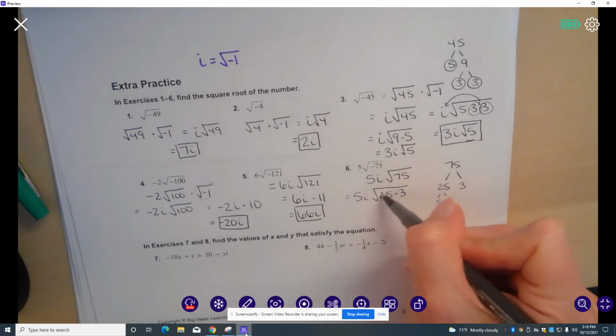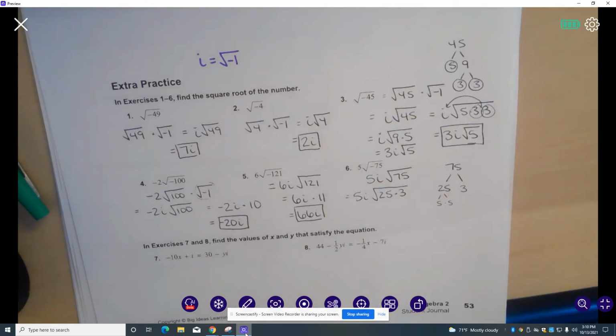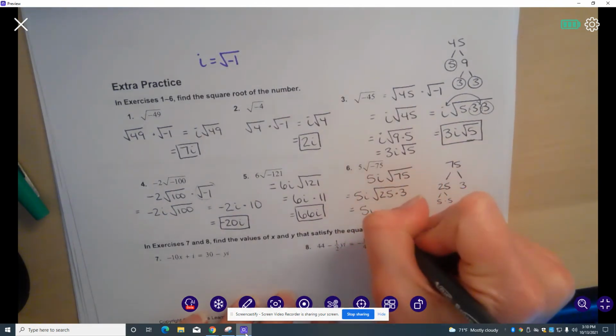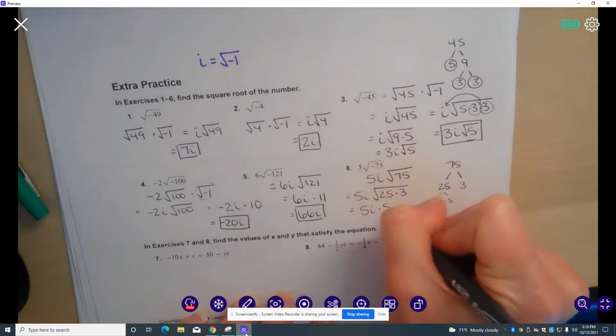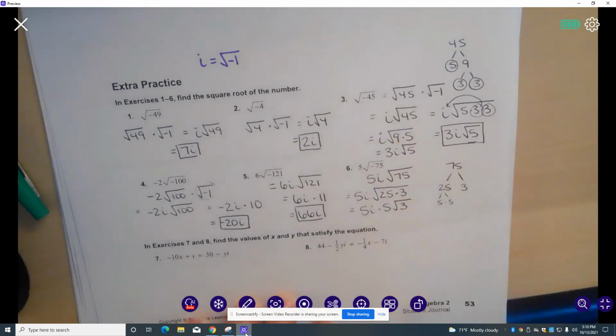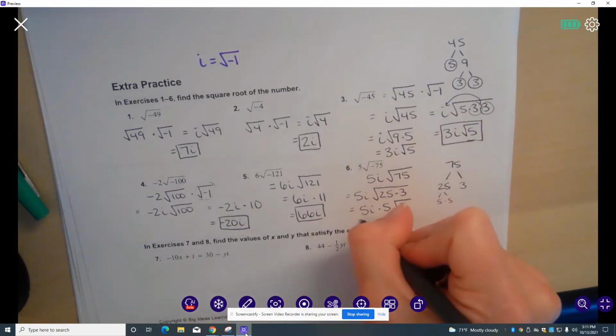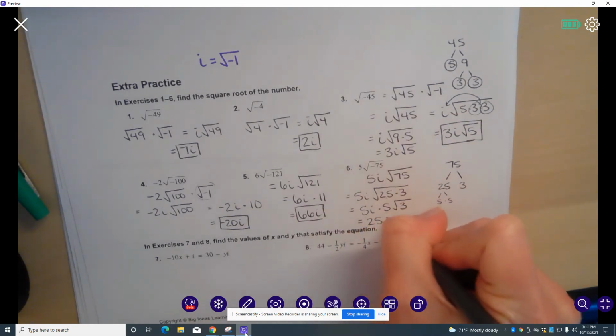And since 25 is a perfect square, I can take the square root of 25 to get 5. So the square root of 25 is 5. And I'm left with the square root of 3. Don't forget to simplify even further by multiplying these 5s together. So 5 times 5 is 25.